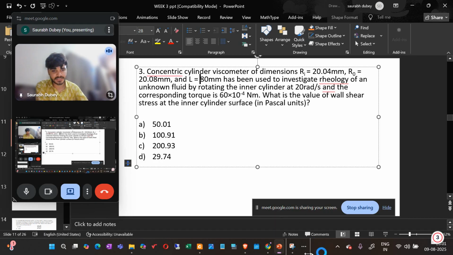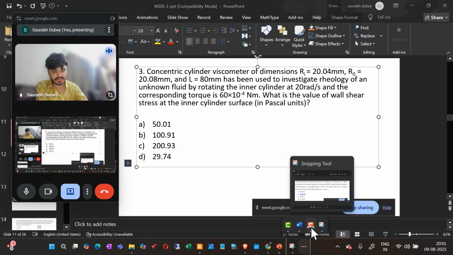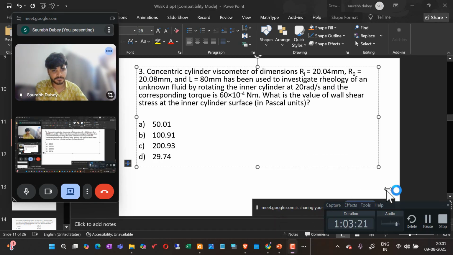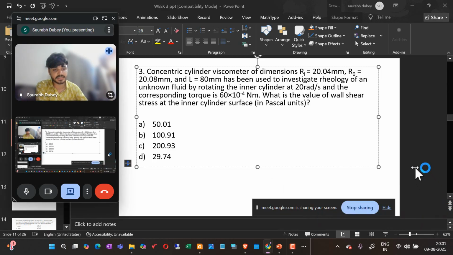So the wall shear stress at the inner cylindrical surface you have to actually calculate, and that will tell you about the ease of utilizing these expressions in order to get the rheological data about the unknown fluid.